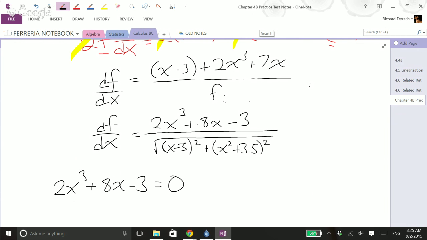Okay, we should be setting that denominator equal to 0 to find a critical point. I don't know if you'll find one. You should be setting that equal to 0 as well.